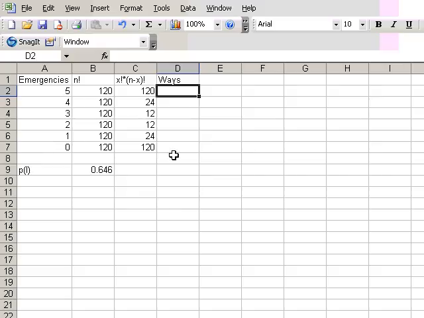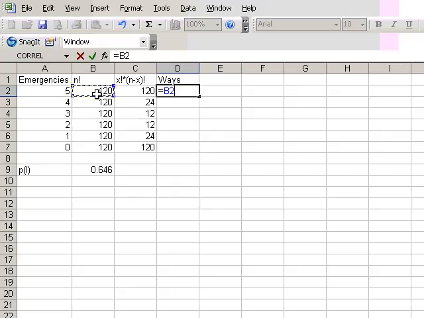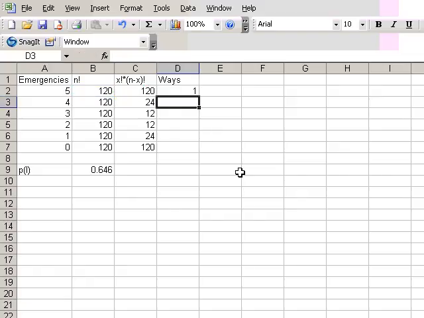out of 5 visits. This is equal to n factorial divided by the denominator of x factorial times the quantity n minus x factorial. And it turns out that there is only one way that we can see 5 emergencies out of 5 visits.